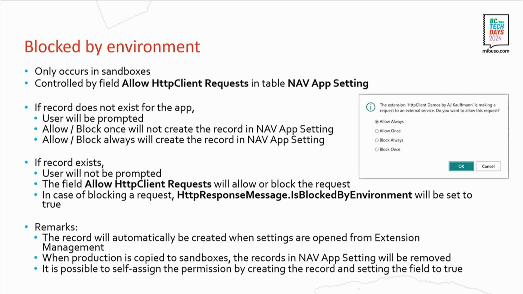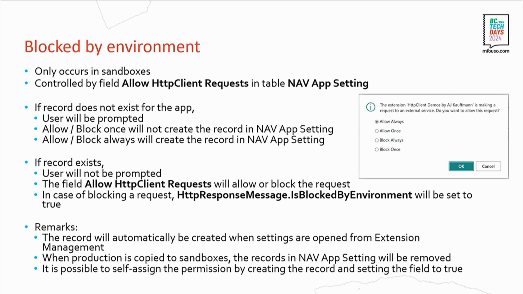If you say allow or block once, one of the once options, then that table will stay empty, there will not be a record for the app that is trying to make an HTTP request. And the next time you make a request with the same app, the user gets the very same prompt.